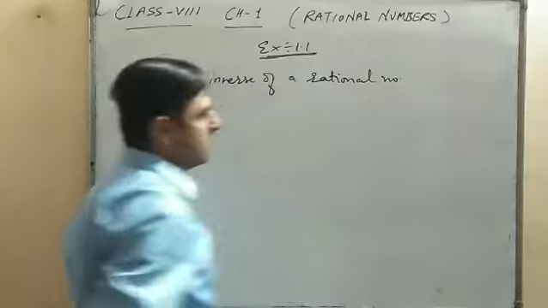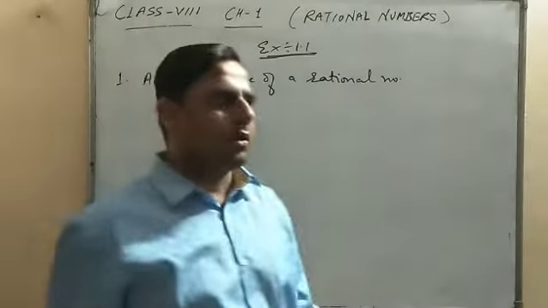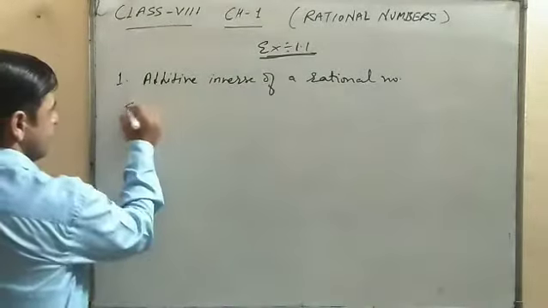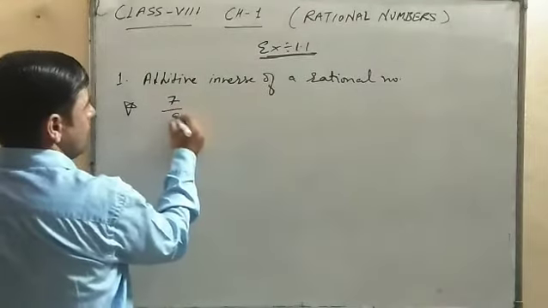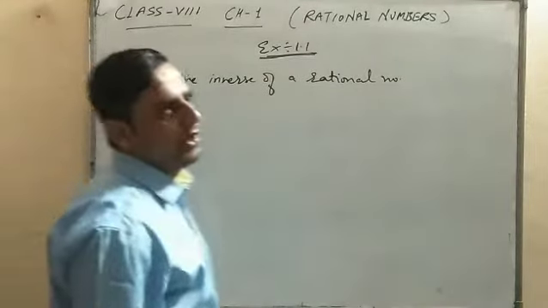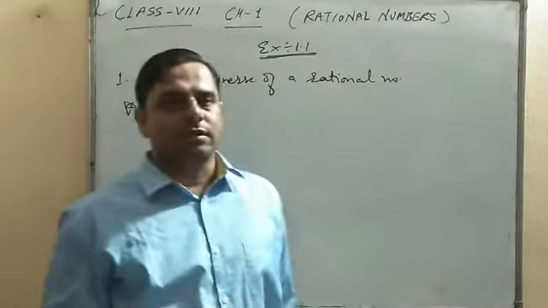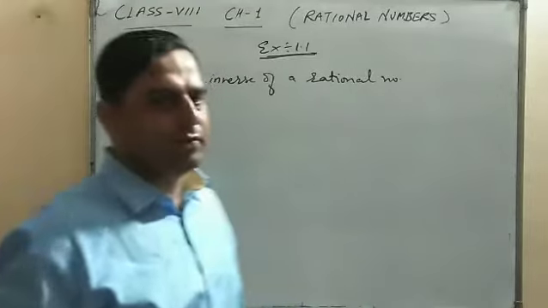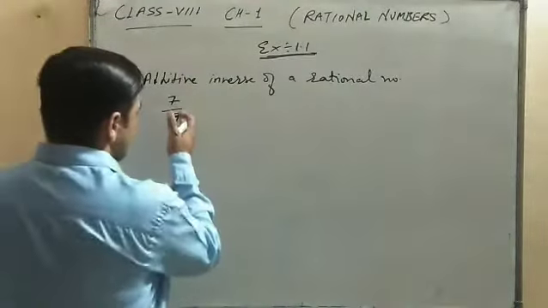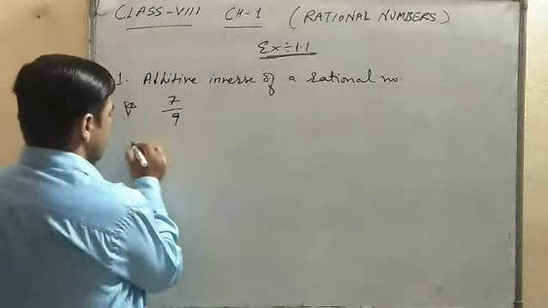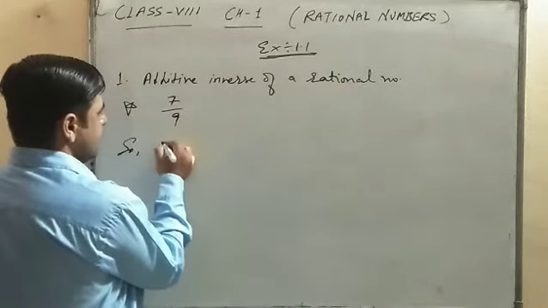Suppose one number is 7 upon 9. So we need to find out the additive inverse of 7 upon 9. So it is very easy.